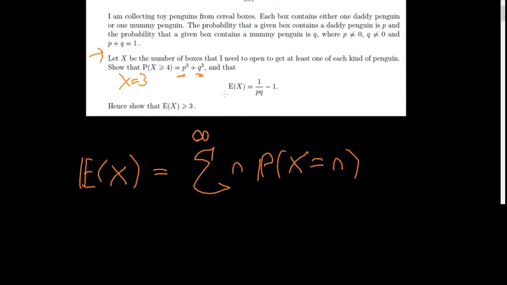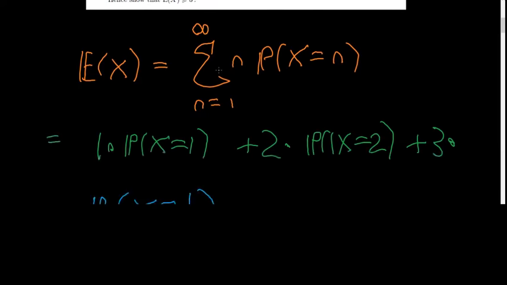You can see that this generalizes: the probability of x being greater than or equal to 5, for example, would be p to the 4 plus q to the 4, the same as getting the same one 4 times, and so on. The probability of x being greater than or equal to 3 is the same as getting the same one twice in a row, which can happen in 2 ways.